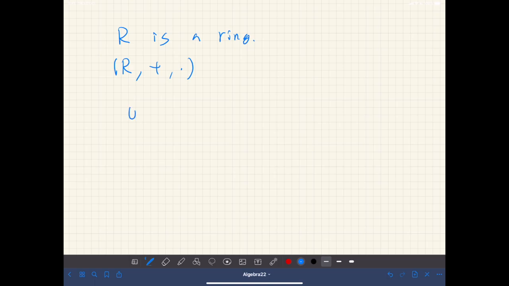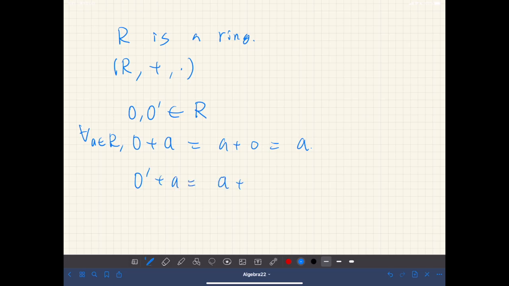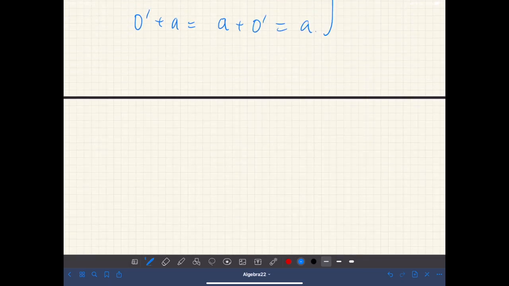So if 0 and 0 prime are elements of the ring, and they behave the same way, so 0 plus A is equal to A plus 0 is equal to A for all elements A of R, and 0 prime plus A is equal to A plus 0 prime is equal to A, then, since these equations hold for any element A, A could be 0.